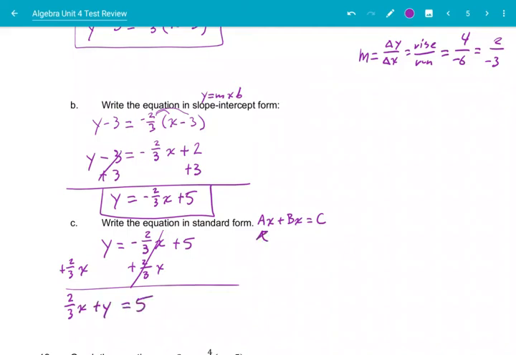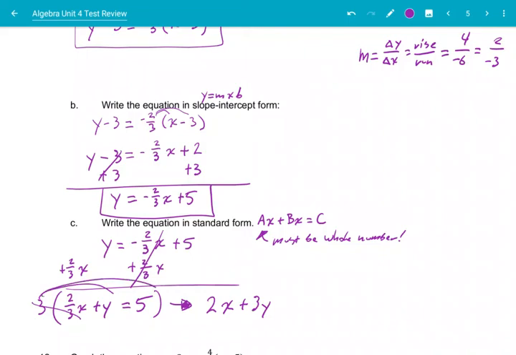But again, it must be a whole number. So we're going to multiply the entire thing again by the denominator, right there. And that will cancel those out. So this becomes 2x. 3 times y is 3y. And 3 times 5 is 15. So there is standard form.